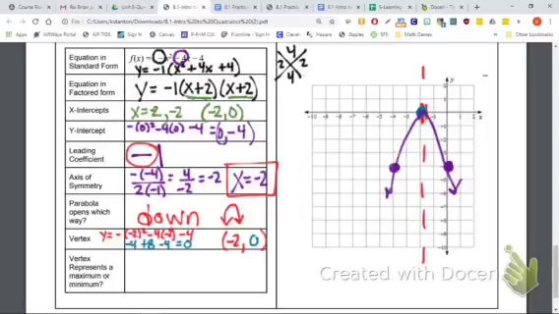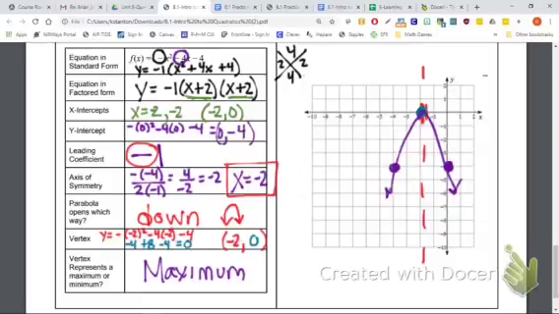Now, looking at this graph, does it represent a maximum or a minimum? It's facing down, which means the highest point is at the top, which means that's the maximum that it could be.